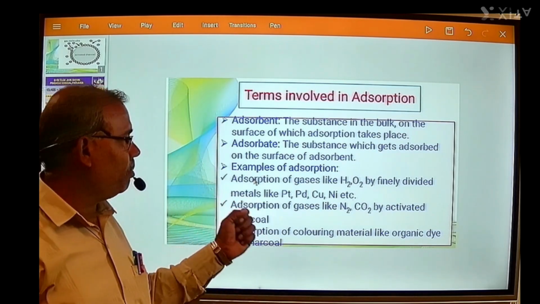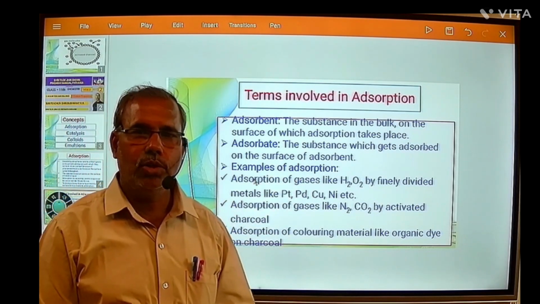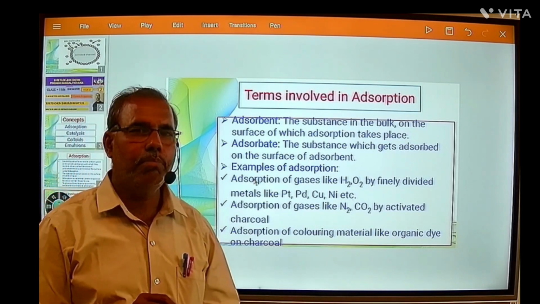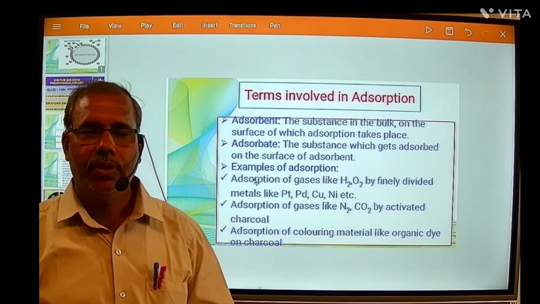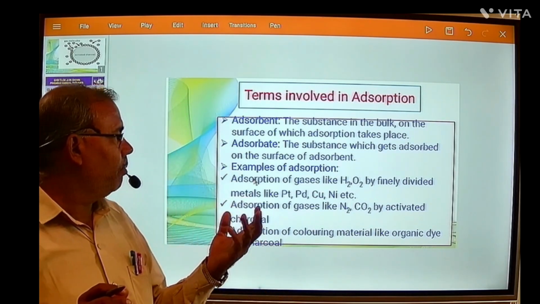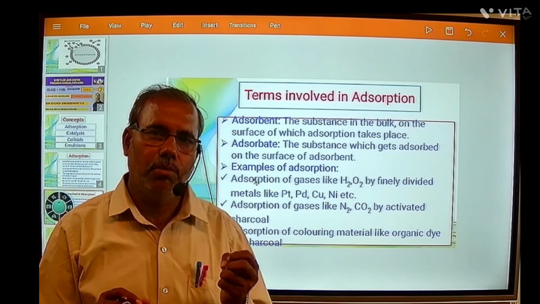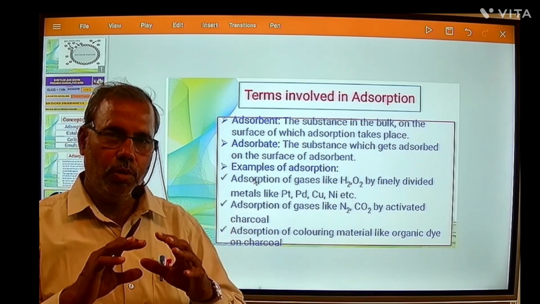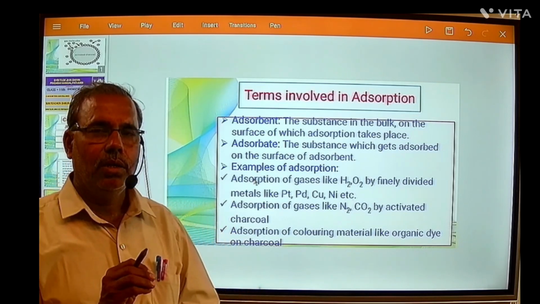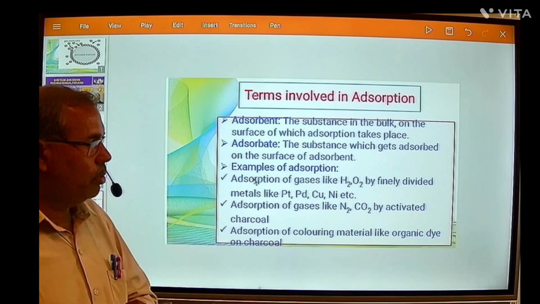Adsorption of gases like dihydrogen and dioxygen by finely divided metals like platinum, palladium, copper, nickel, etc. That means if you take finely divided powdered metals like platinum, palladium, copper or nickel, then the dihydrogen or dioxygen molecules which come in contact with the surface of these metals accumulate on the surface, and this is nothing but the phenomenon of adsorption.